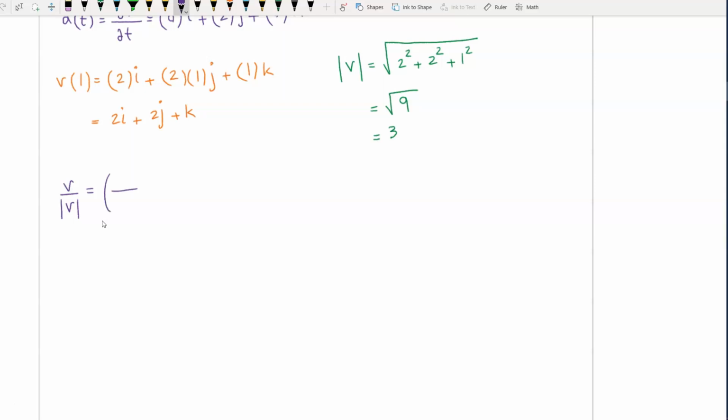So this is 2 divided by speed, it is 2/3 i plus 2/3 j plus 1/3 k.